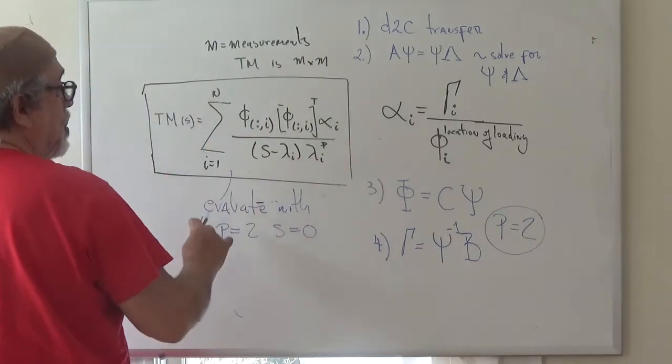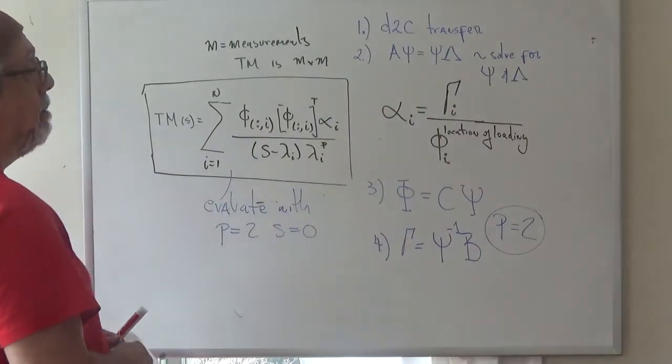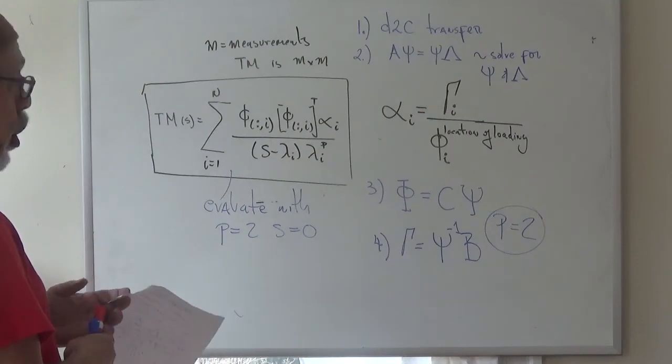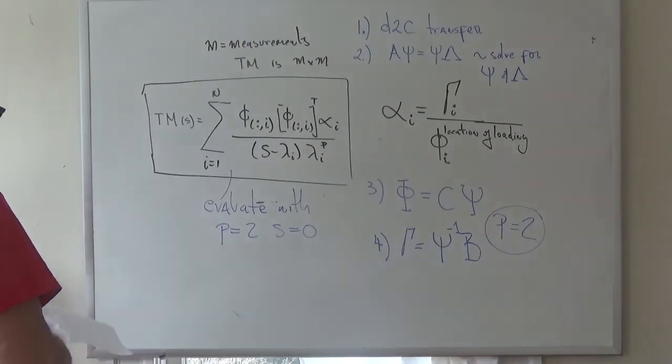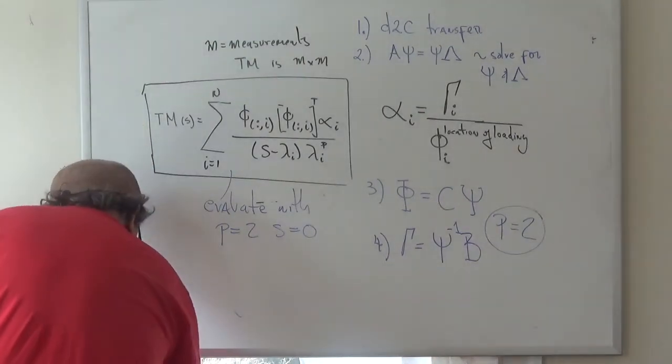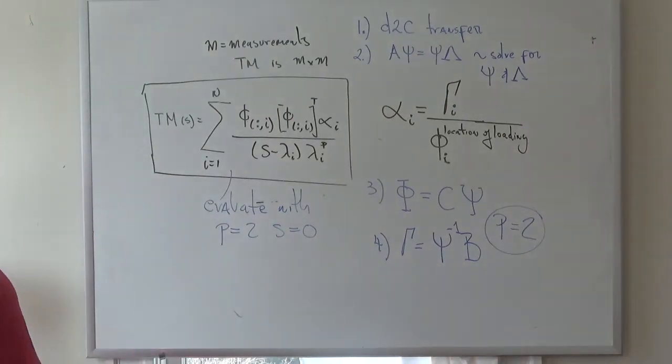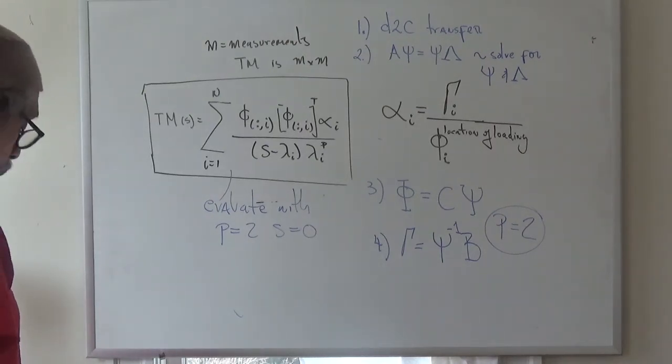Do that summation, and that's your flexibility. Okay? If everything is done correctly, you should find that that flexibility matrix is of course symmetric, and that's it, right? That will conclude the homework.